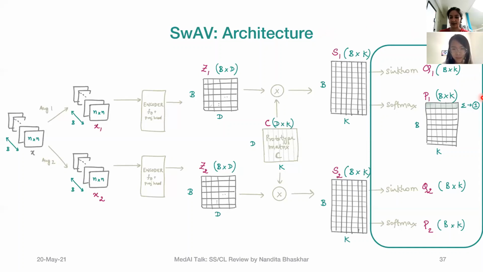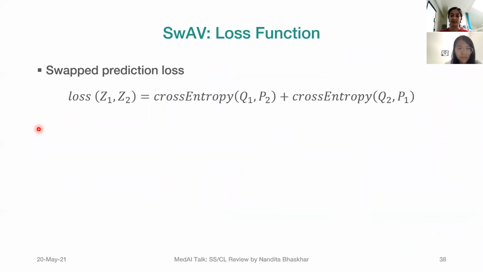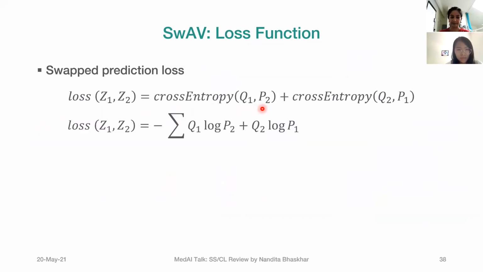Okay, so just to recap, you have a particular batch of images with two different views, and each of these views gives you two probability distributions, and then you swap the probability distributions and minimize the cross entropy between the swapped predictions. So the cross entropy loss is just minimized between Q1 and P2 and Q2 and P1.